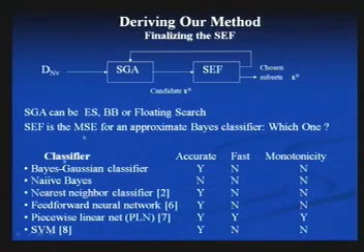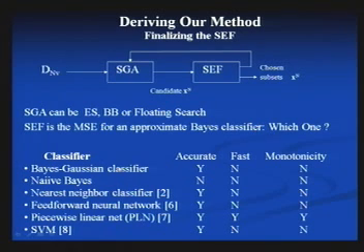So that's the idea. Now the final details of the method that we're looking at in our lab. We have a finite size data file and a good subset generation algorithm. We're using the floating search at the moment. For the SEF, we would want to use a mean square error for an approximate Bayes classifier.